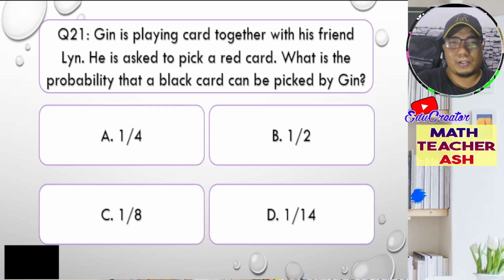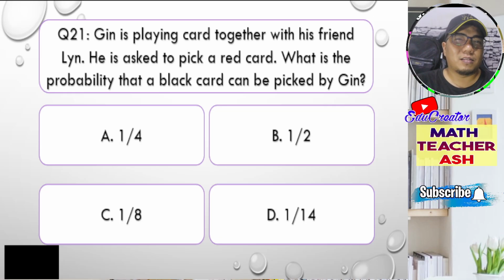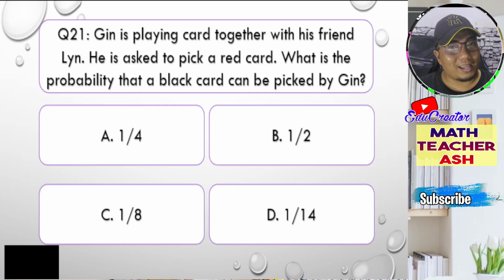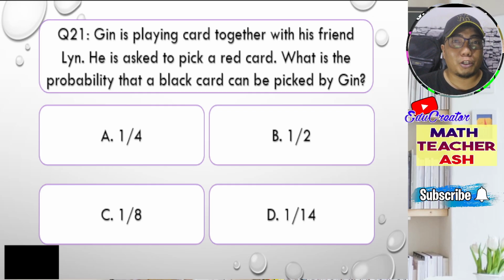Okay, my dear math learners, for this scenario, we are talking about the deck of cards. Jean and Lynn are playing with the deck of cards. If you can remember, in the deck of cards, we have a total of 4 sets of ace up to the king, so that is 13 cards each. One set of 13 cards for clubs, another for spades, another for hearts, and another for diamonds.